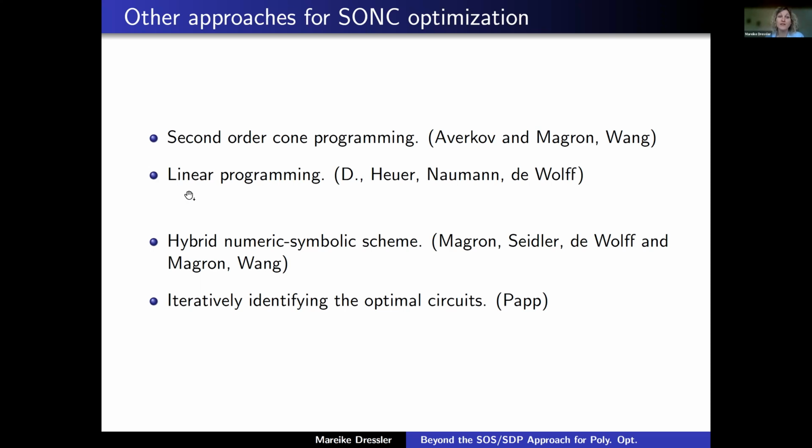And we can even use linear programming when we optimize over the dual SONC cone. But clearly we have a price to pay: usually the bounds that we get in this case are not as good. And there are also hybrid numerical-symbolic schemes, etc. But given the time, I don't want to go into more detail here.